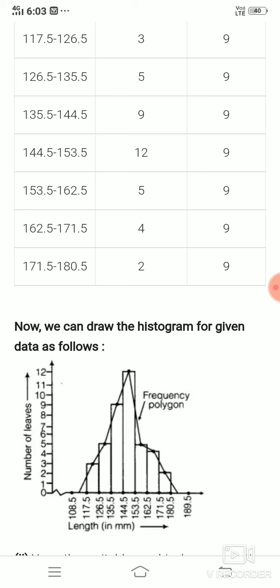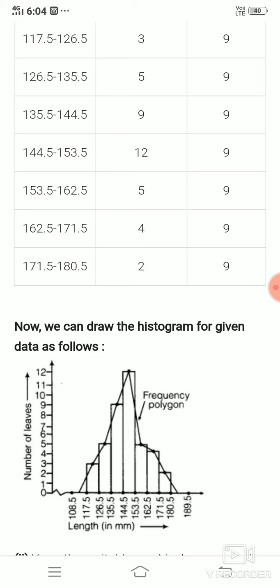But if you are going to draw a frequency polygon, it is different. The classes are 117.5 to 126.5, then 126.5 to 135.5, up to 171.5 to 180.5. We need to introduce a previous point, 108.5, and a last point, 180.5 plus 9, that is 189.5.